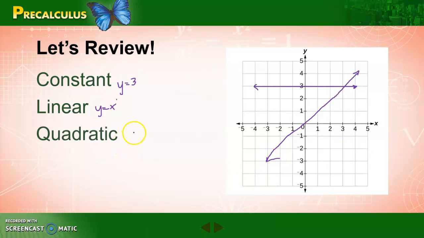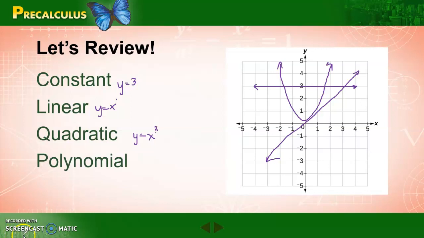Okay, a quadratic function, that's where we've got y equals x squared. We've got this x squared terminology in all of our quadratic functions, and the basic shape of a quadratic function is a parabola. It can be inverted, it can be moved up or down or translated horizontally, but it's going to be a parabola. And then our polynomial function can take a lot of different shapes depending on the degree of the polynomial.